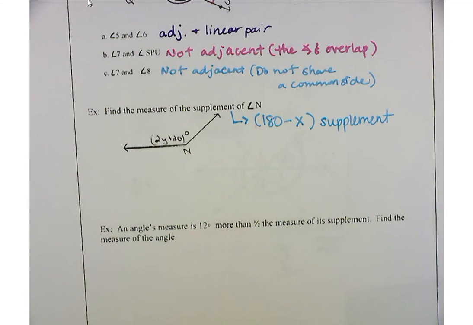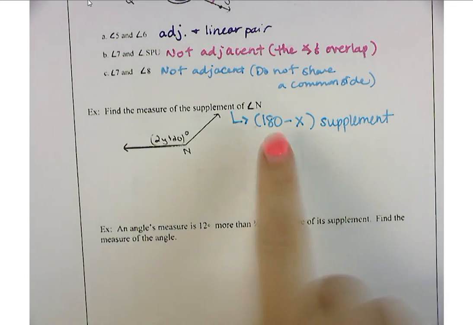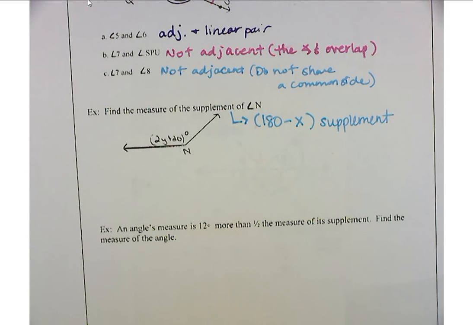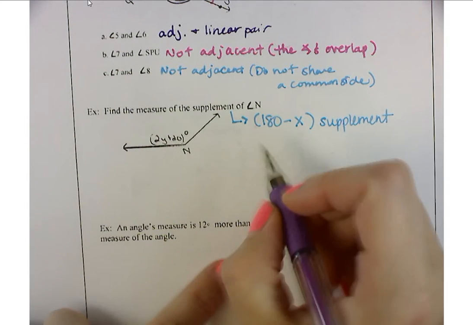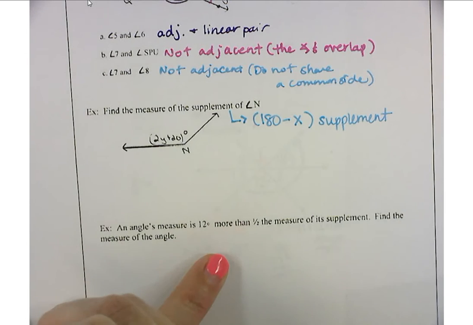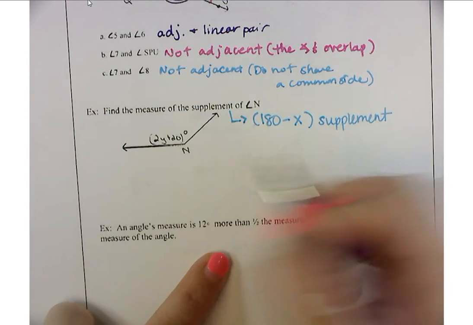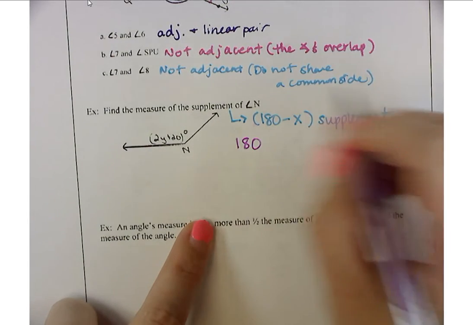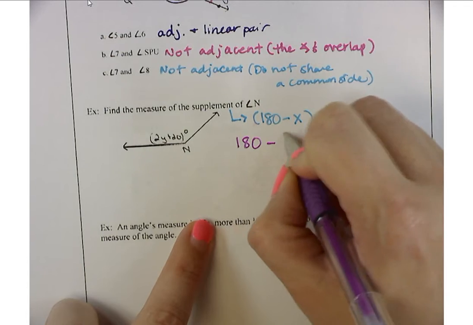Okay, so if we have two angles, one is X, the other one would be 180 minus X. That's just a general way that we can identify the supplement. So a problem like this is a little bit more difficult if you don't know that the supplement is 180 minus X. In this case, our X value is 2y plus 20. So our 180 minus X is 180 minus (2y plus 20).